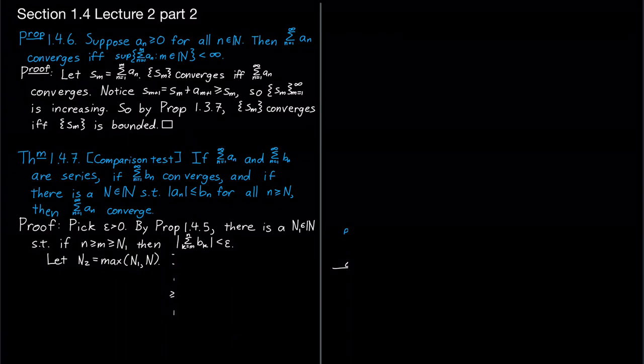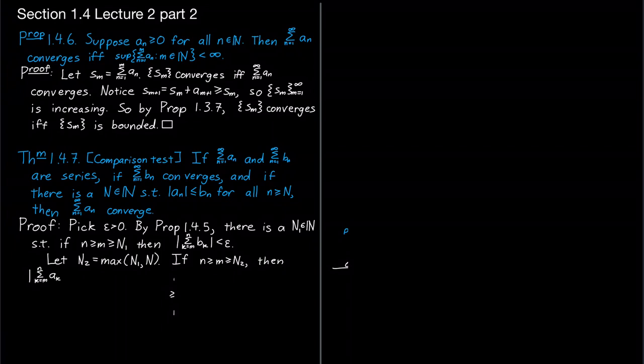So then if little n is bigger than little m is bigger than n2, we want to show that this partial sum is less than epsilon, because then we can use Proposition 1.4.5 to show that the A's converge.